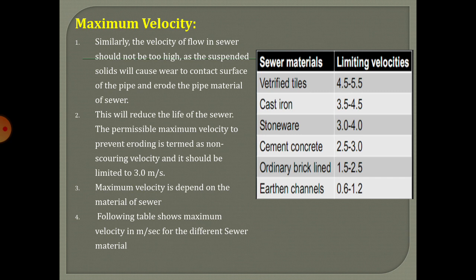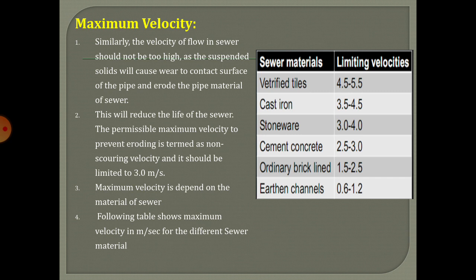Maximum velocity depends on the material of the sewer. The following table shows the maximum velocity in meter per second for different sewer materials. If vitrified tile material is used, the limiting velocity should be 4.5 to 5.5. If it is cast iron, then the limiting velocity will be 3.5 to 4.5. For stoneware, 3 to 4.